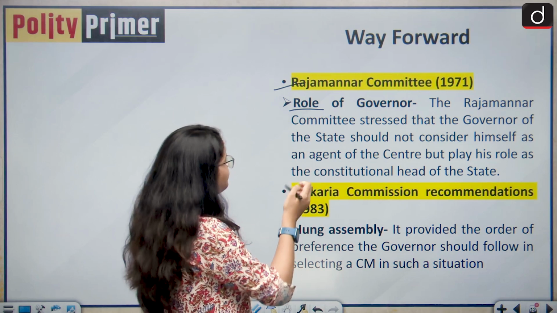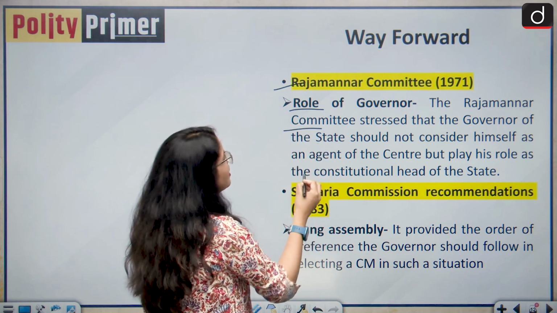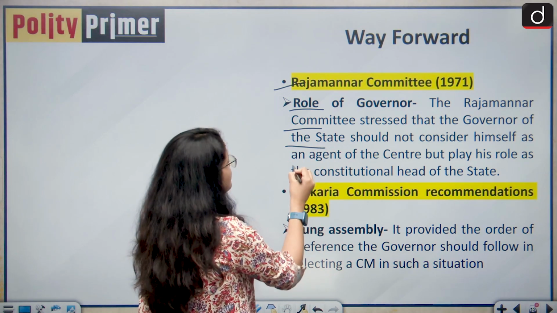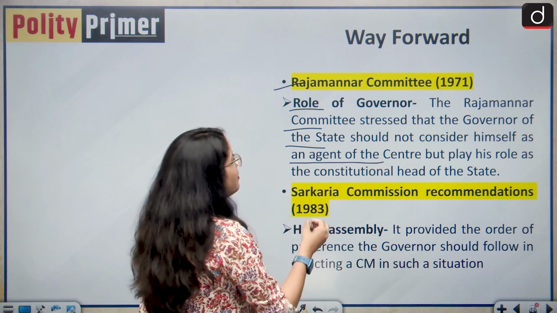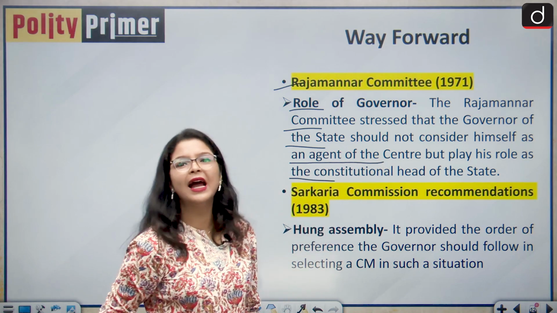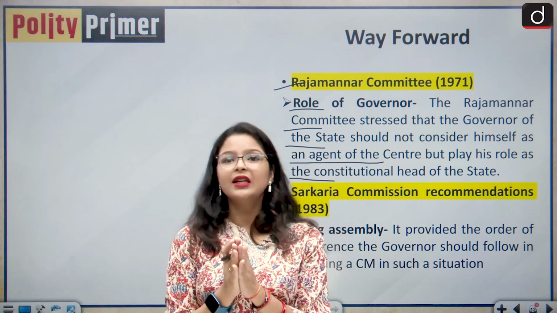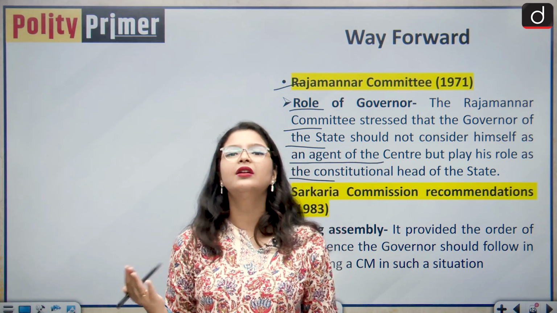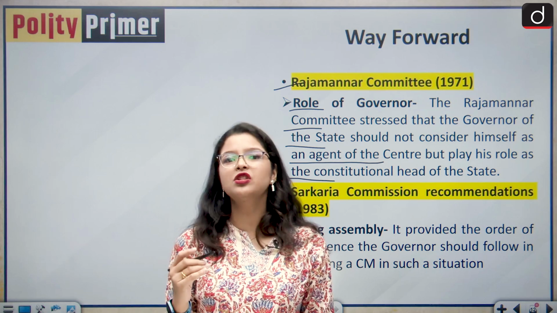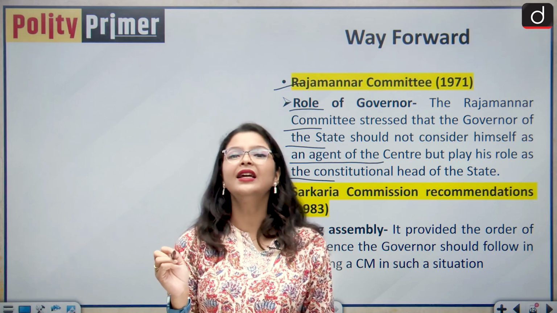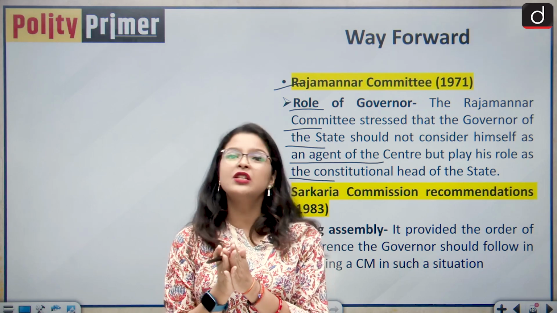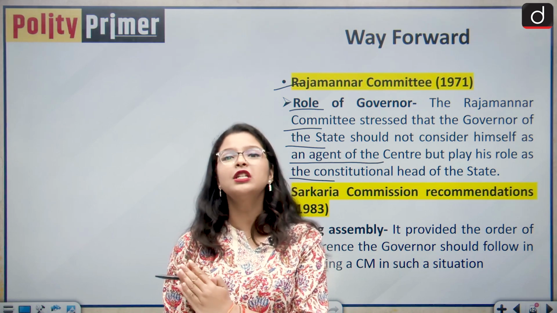The Rajamannar Committee stressed that the governor of the state should not consider himself as an agent of the centre, but play his role as the constitutional head of the state. So it is often alleged that the governor generally acts as an agent of the central government in the state, but this position is not envisaged in our Indian constitution.